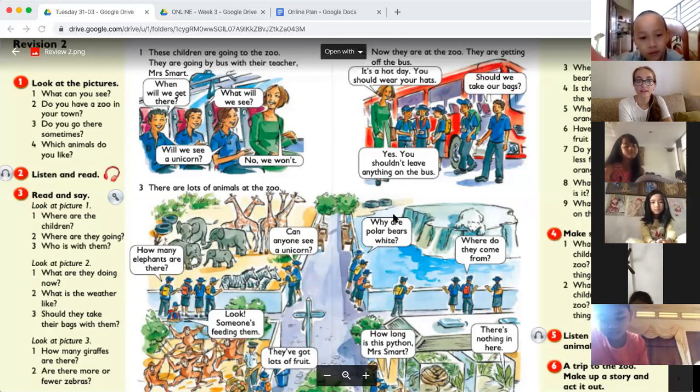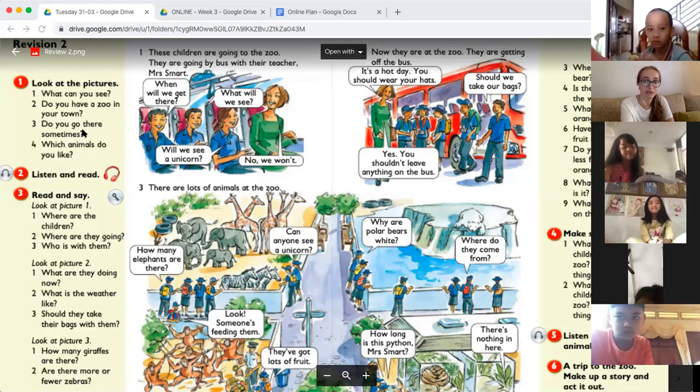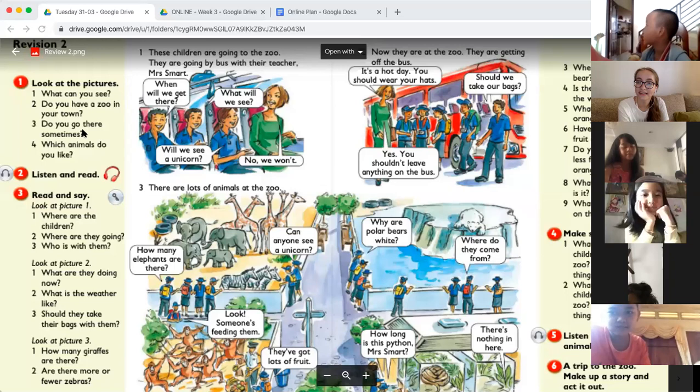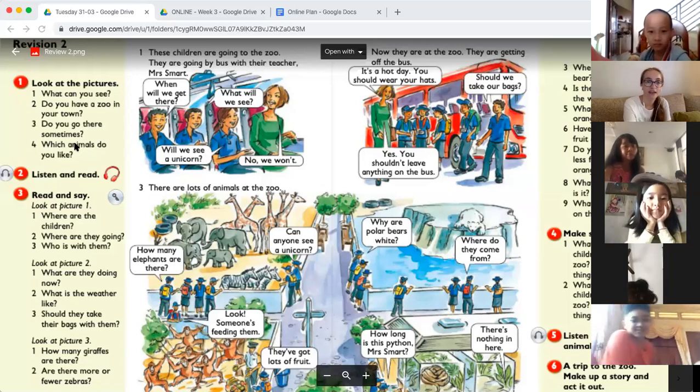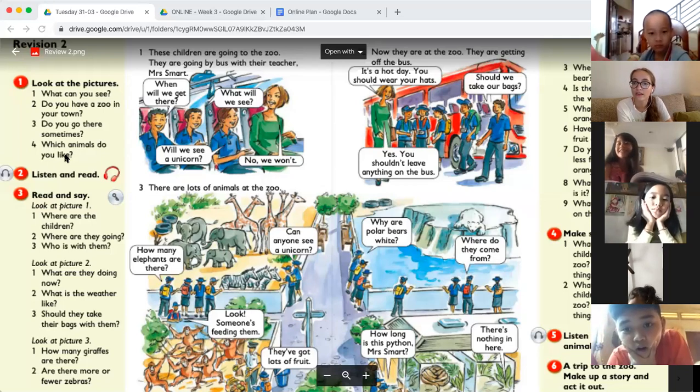Okay. Tria, do we have a zoo in Siem Reap? Do you have a zoo in our town? No, I never seen it before. So we can't go there. What did you say, David? The only zoo, monkey. Hey, and which animals do you like that are in the zoo? The python. Monkey.